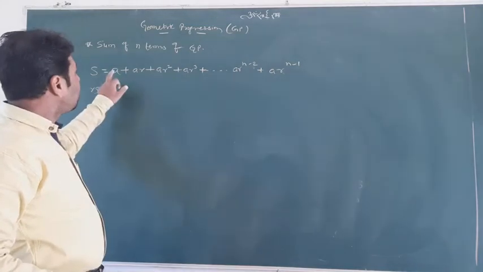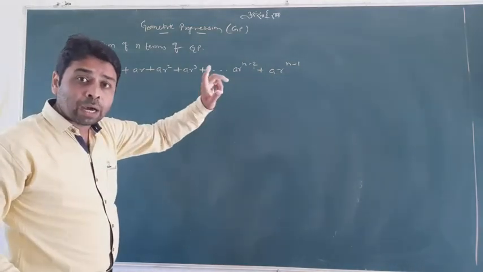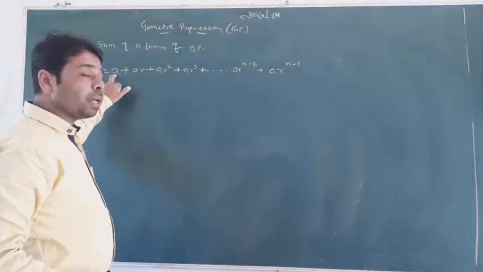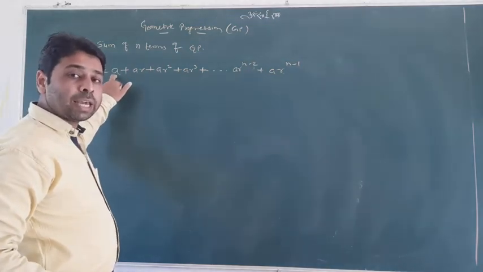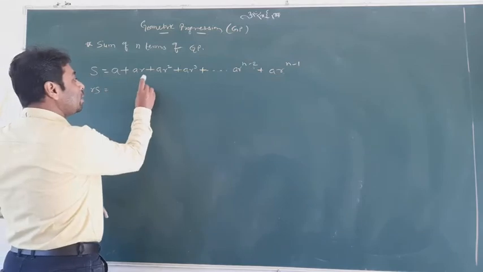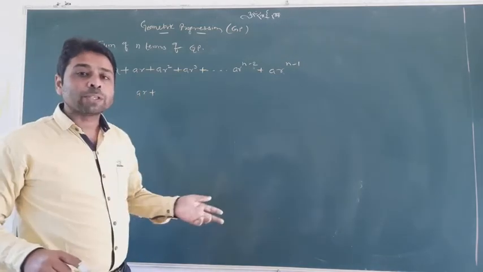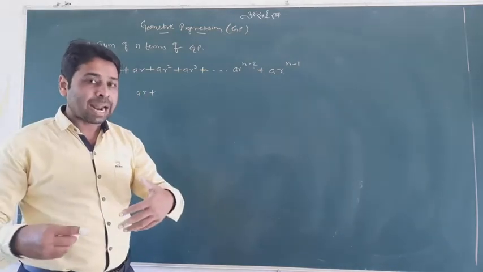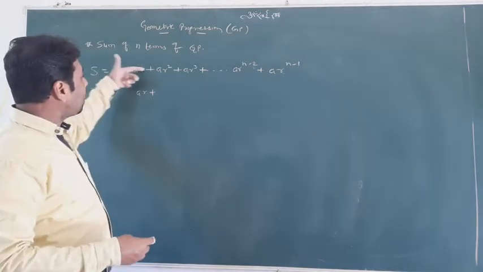Now I'll multiply every term by r. When I multiply r with a, what do I get? ar. So write the ar not here but under the like term ar, meaning you have to leave the first term, since you are multiplying by r.